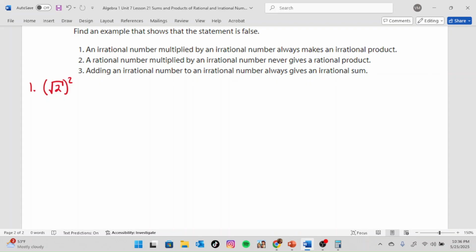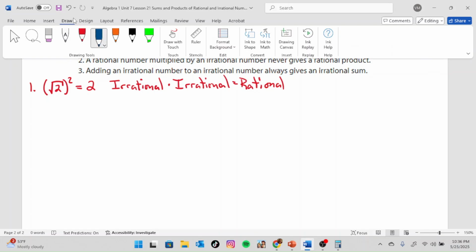Well, the square root and the square cancel each other out, and this equals 2. Therefore, we had an irrational number multiplied by an irrational number, which was itself, but we got a rational product. So that proves statement number 1 false.